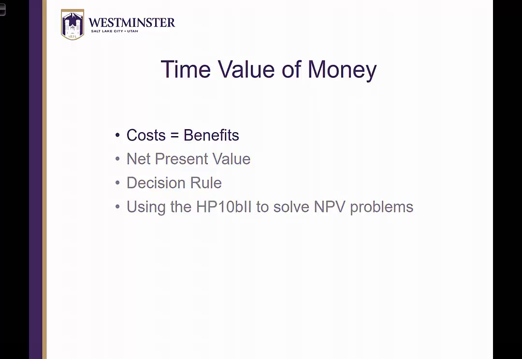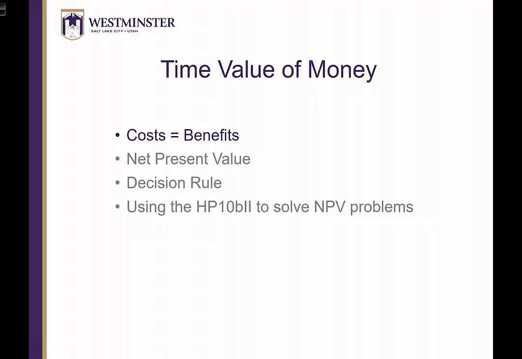So first of all, let's consider the concept of cost versus benefits. We know that investments of any kind, whether it's an asset purchase, a purchase of stocks and bonds, an investment in a company, a loan, what have you, has certain costs associated with it, and it has the benefits associated. The cost might be that we invested $1,000 in a very small business.